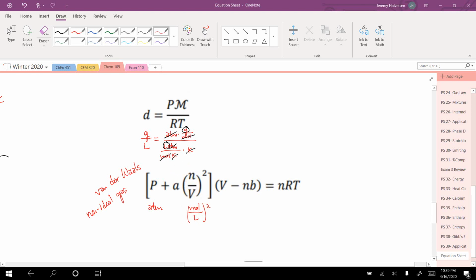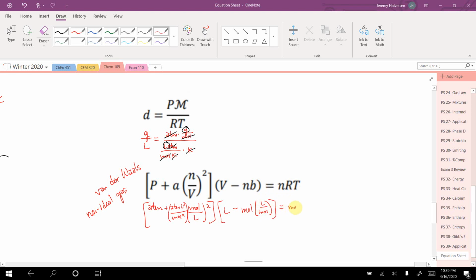Which means A is going to have some weird units of atmospheres times liters squared over moles squared. But that'll just be given to you. So that's that. And then I'm going to have my volume, which is going to be liters, minus n, which is moles, times B, which must be liters over moles.